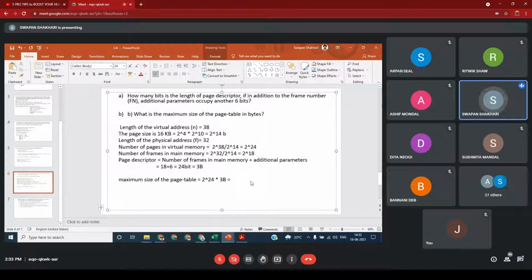So it will give us 2 to the power 24 multiplied by 3 bytes.